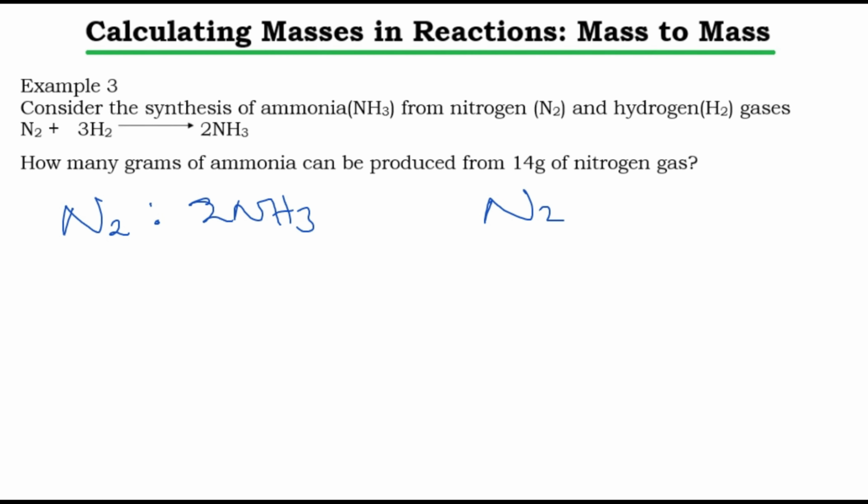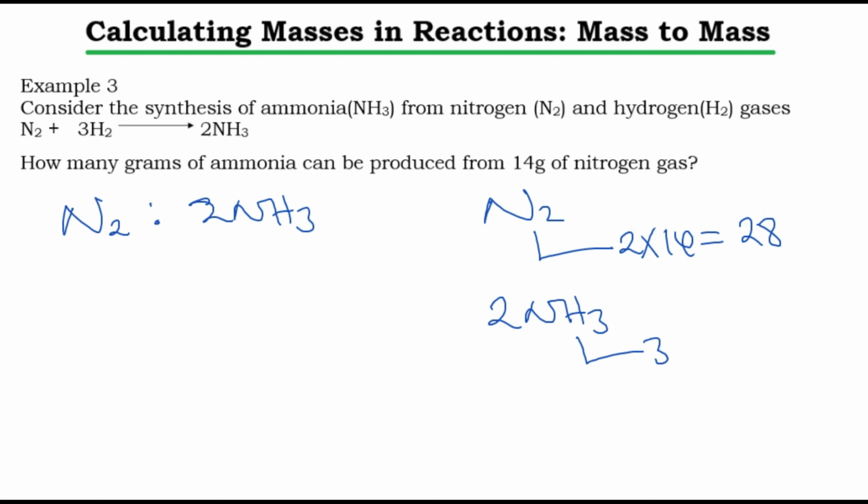Okay. So now let's find the relative molecular masses of each. So nitrogen, if you check on the periodic table, the relative atomic mass of nitrogen is 14. So this will be 2 atoms multiplied by 14 to give you 28. And ammonia, 2NH3: 3 multiplied by 1, 1 multiplied by 14. So this is 3, this is 14, this gives us 17.